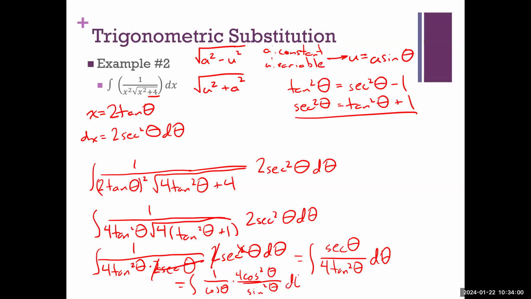All right, did that help? I have some cosines that'll cancel. So now I have 4 times the integral of cosine theta over sine theta d theta.